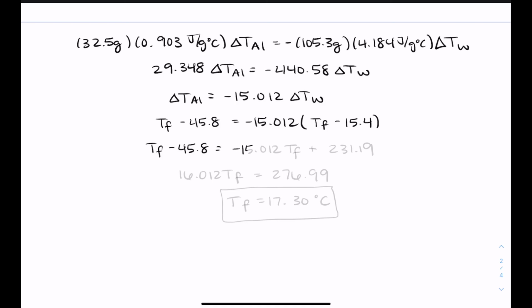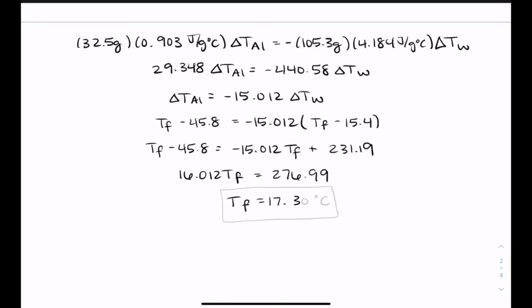If I add 15.012 T final to both sides, I end up with 16.012 T final equal to 276.99 after I add 45.8 to both sides. And then after dividing, I get a T final that is 17.30 degrees C.